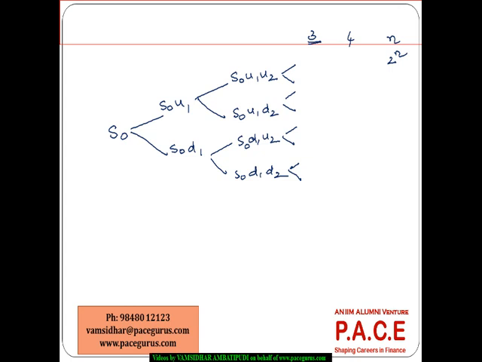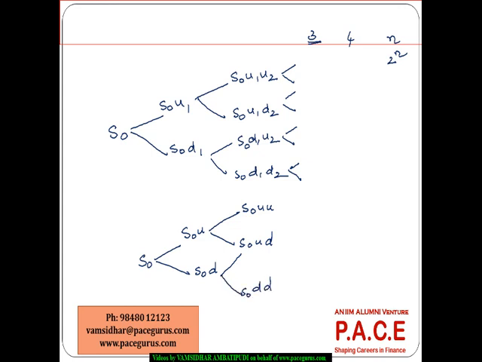Now, what this recombining binomial tree approach does is, okay, S naught times U, S naught times D. And here, there is a U and a D, whether it is a U and a D or a D and a U, we match it to the same node.